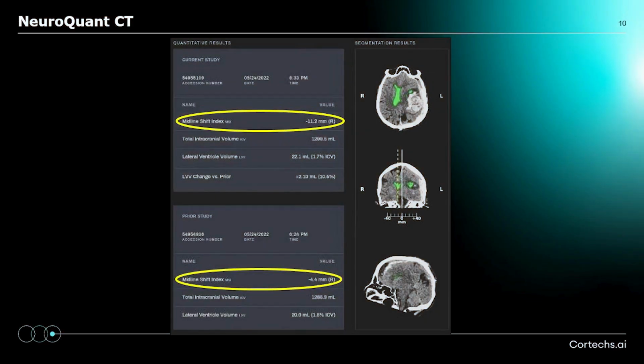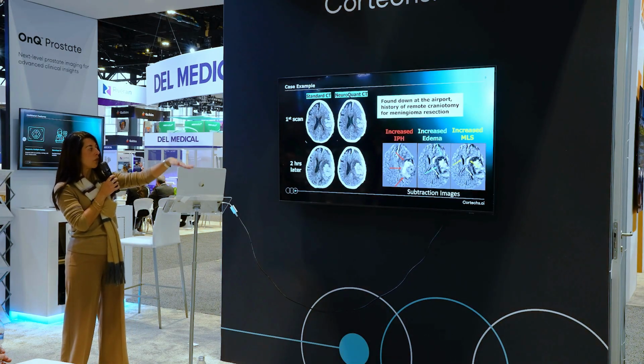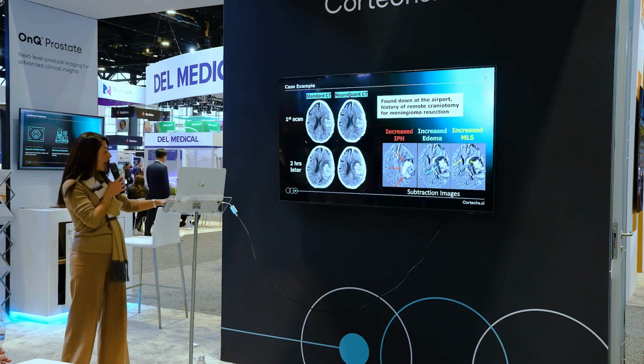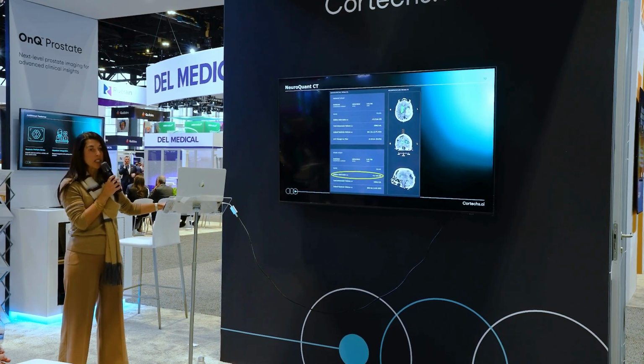So again, being able to very confidently and quickly figure out what's going on from time point 1 to time point 2, and also being able to quantify the midline shift, is very helpful.